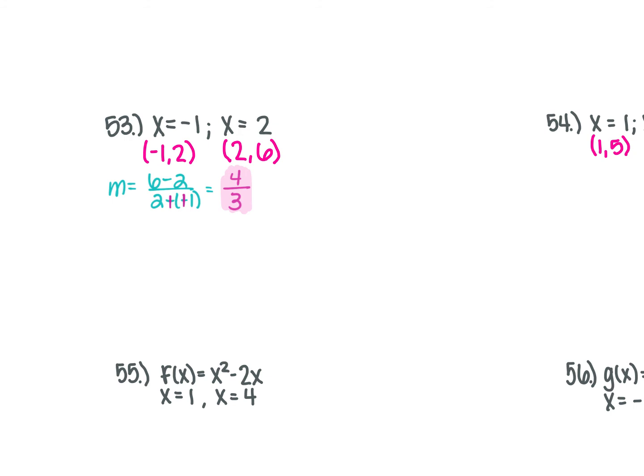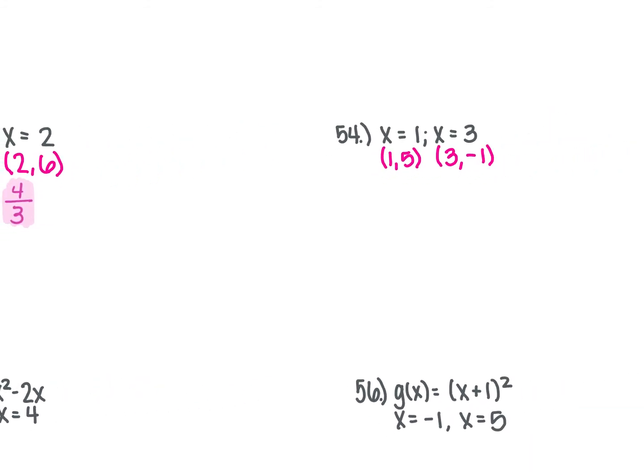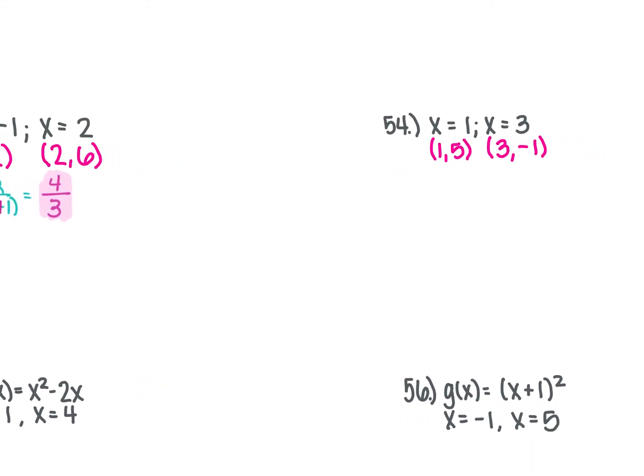For 50, we're just going to find our slope. So we have 1, 5, and 3, negative 1. Which of these do you want to use as your x1 and your y1? 3, negative 1. So x1, y1, x2, y2. So our slope is going to just be found by doing 5 minus negative 1 over 1 minus 3.